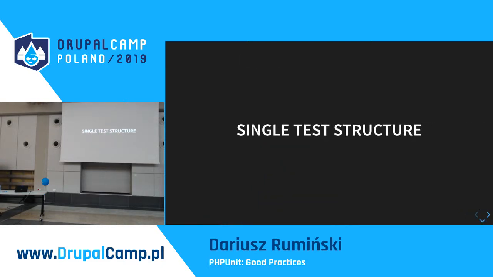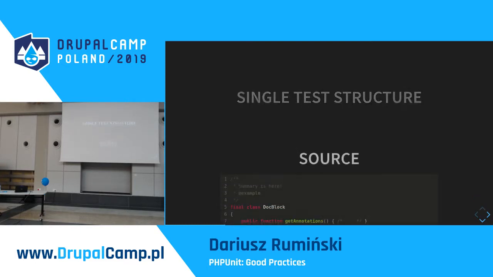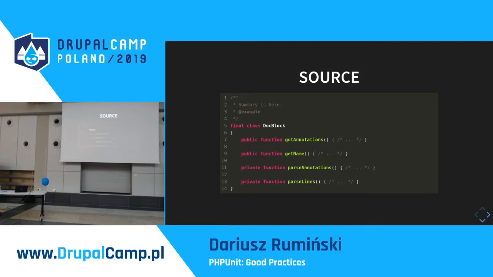So now that we know how to structure the folders, let's see how to structure the concrete test file itself. Let's assume we have super simple source code, a DocBlock representing a PHP doc block. We have two public functions, getAnnotations and getName, and some private helpers to help accomplish those getters.